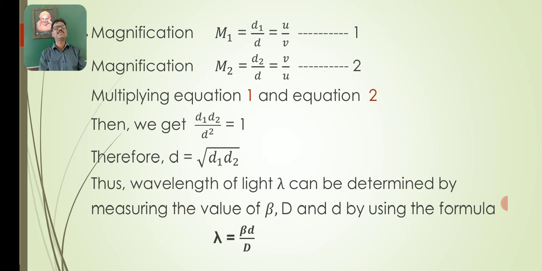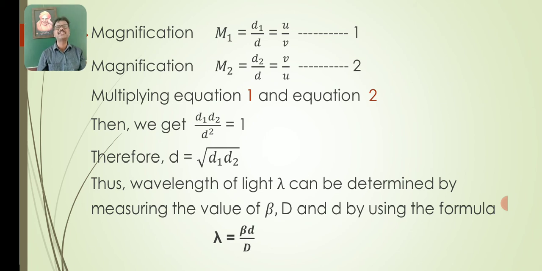By knowing the values of beta, d and D, we can determine the wavelength of light used by using the formula lambda is equal to beta d by D. The fringe width can be measured with the help of the microscope, using the distance moved divided by the number of fringes crossed.